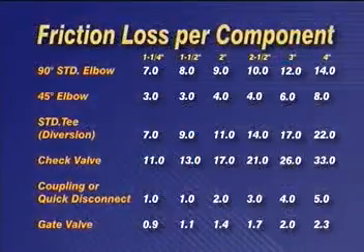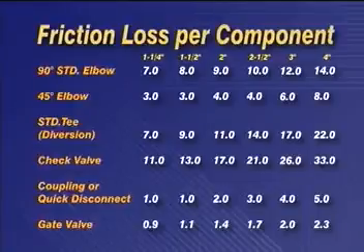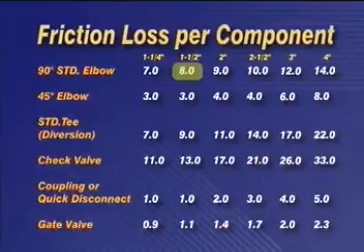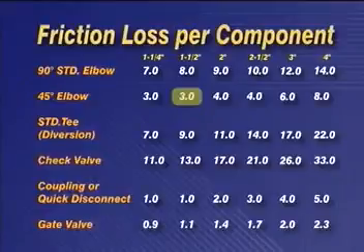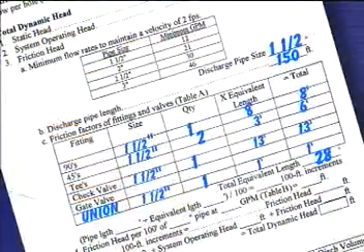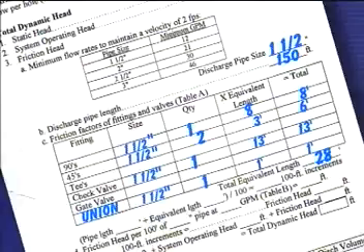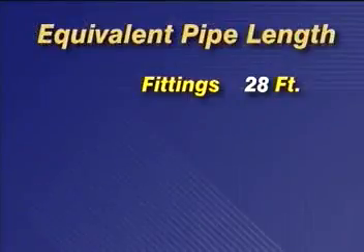Referring to Table A, we find that for 1.5-inch pipe, each 90 is the equivalent of 8 linear feet. 45s are equivalent to 3 feet, times 2 of them equals 6 feet of pipe. The check valve is the equivalent of 13 feet and the union 1 foot. Adding the equivalent pipe length of all these components, we have a total of 28 feet equivalent length of linear pipe for the fittings and valves.